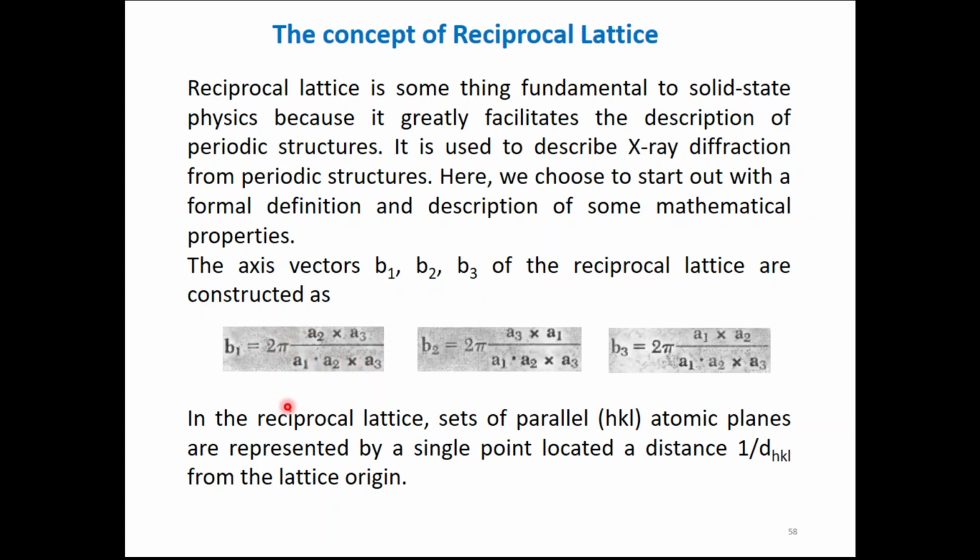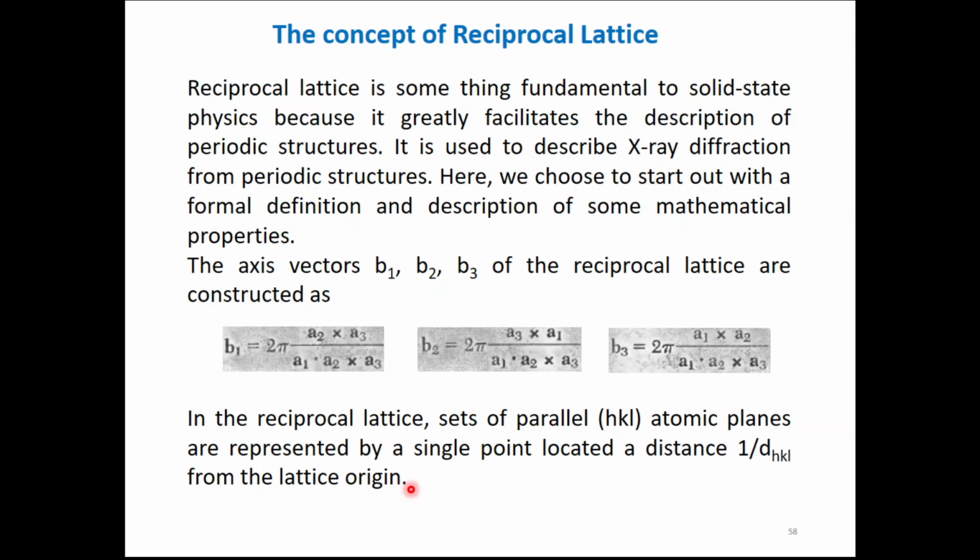So now you need to understand the physical significance of these equations. So in the reciprocal lattice, sets of parallel atomic planes are represented by a single point located a distance 1 over d hkl from the lattice origin.